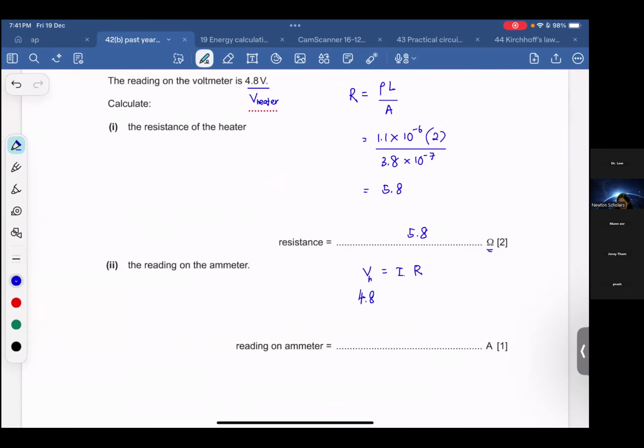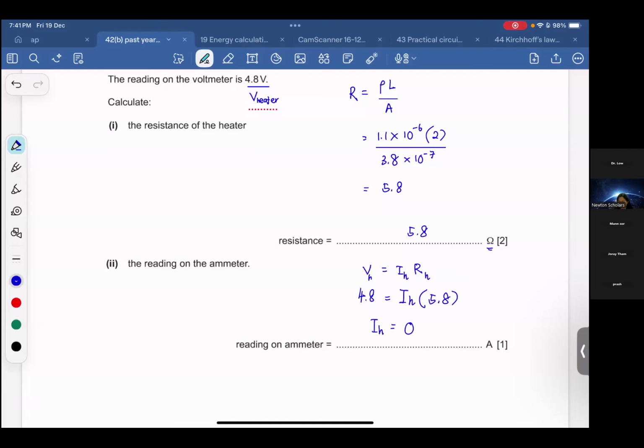I write hash lah. Current for heater, we don't know. Resistance, just now we calculated 5.8. So your current for the heater, if you do it correctly, you should get 0.83 ampere. Okay, my question is, this 0.83 ampere is actually the current for the heater, so why can it represent the ammeter reading? Kai Chen correct.